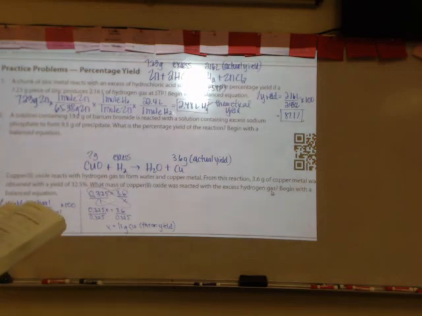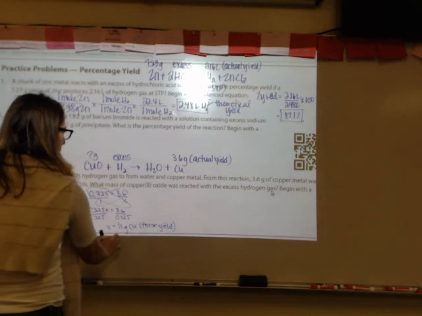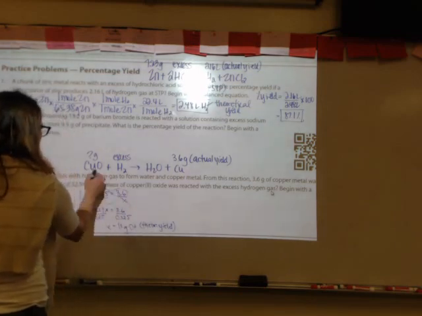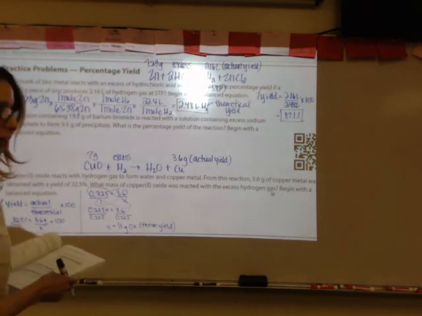Now what are we going to do with that? Well, we can use the theoretical yield to go back and figure out what the amount of our copper(II) oxide was.